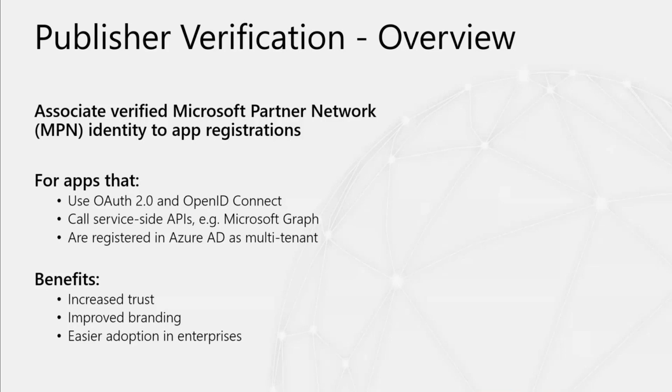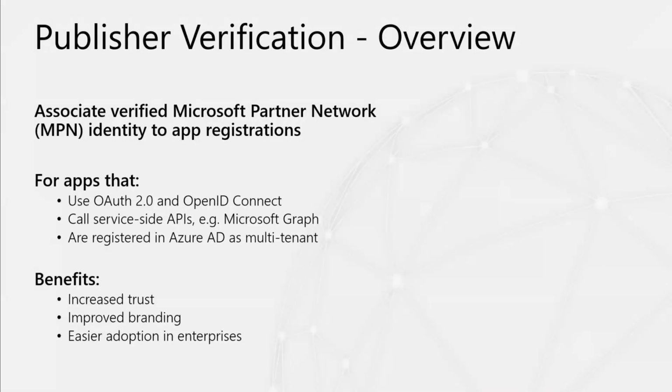And a lot of you, especially folks who might have an app listed in AppSource or Azure Marketplace, or might have participated in a developer program when you were building an app for Teams or an Office add-in, or participated in any other sort of developer program with Microsoft over the years, you might already have a Microsoft Partner Network account, or an MPN account, in Partner Center. And you might have gone through a process to verify your identity when signing up for that MPN account before you could participate in some of these programs.